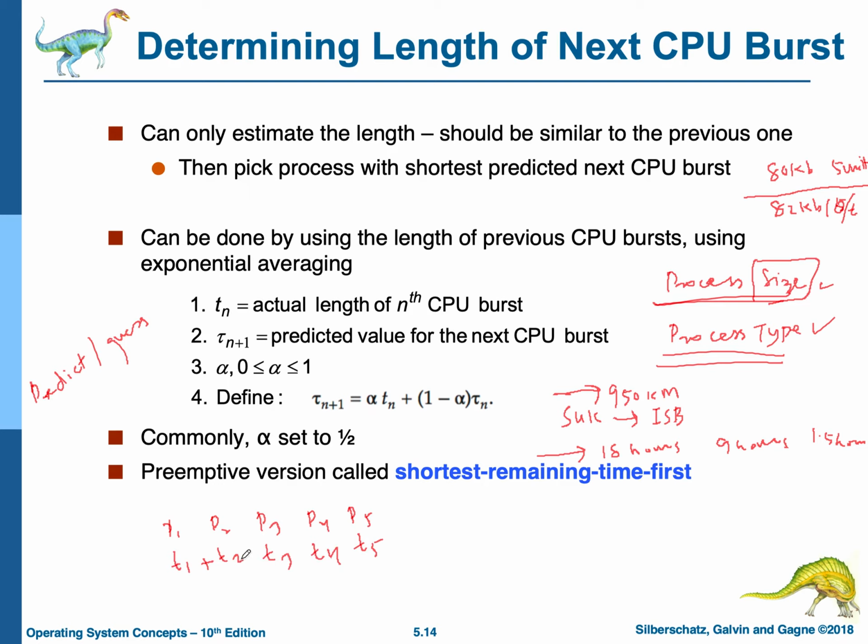We add these times and divide by the total number of them. The average time is the expected length of the next job.